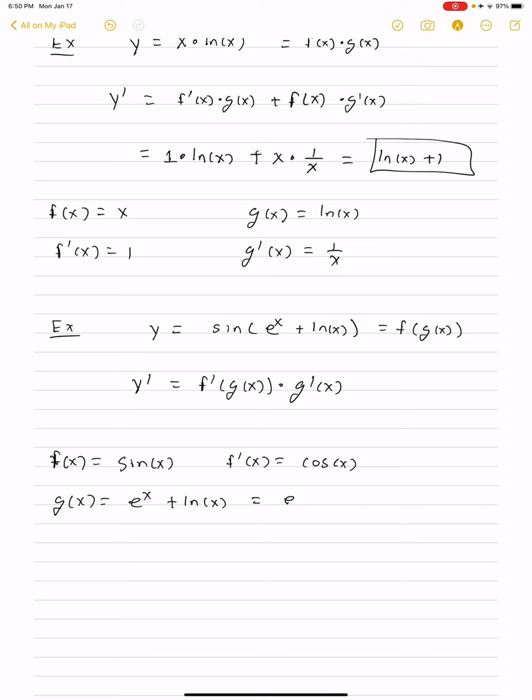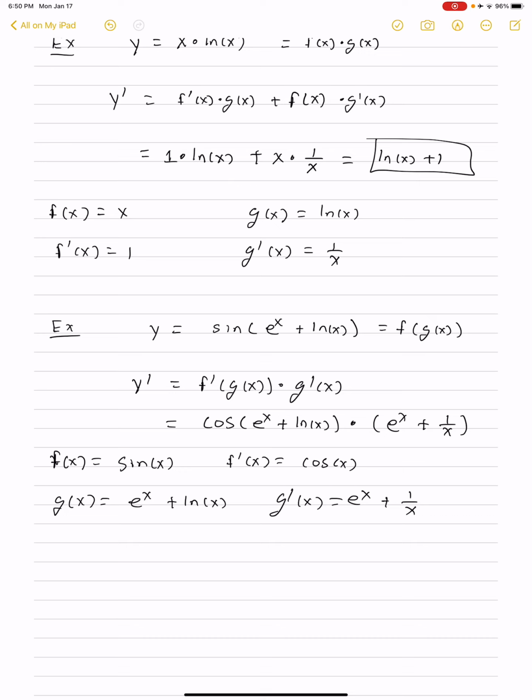The derivative of e to the x will be e to the x itself, so g prime is going to be e to the x, and the derivative of ln of x is 1 over x. Now using composition, I'm going to get cosine of e to the x plus ln of x multiplied by the derivative of the inside, which is e to the x plus 1 over x.